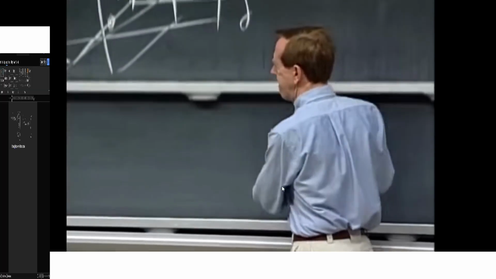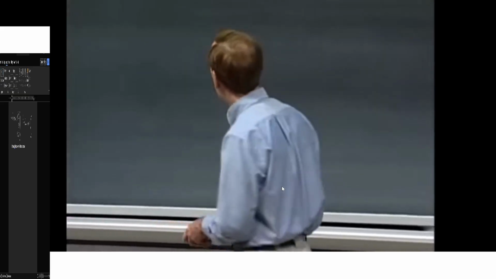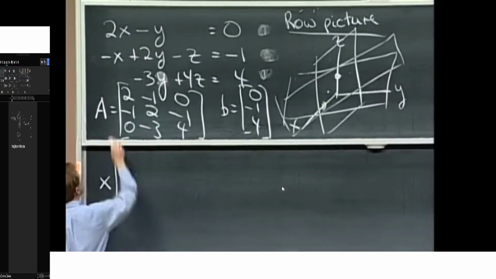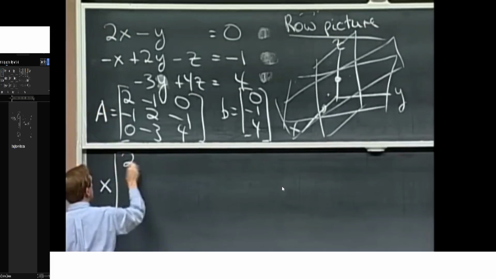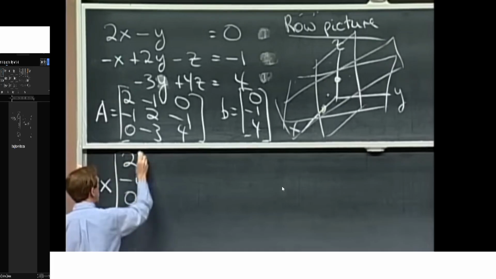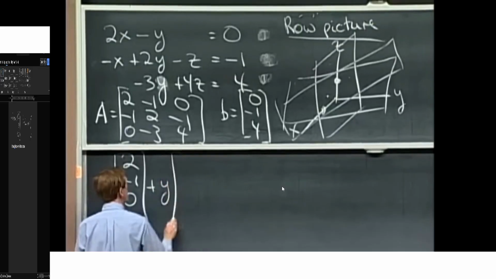Now, you can tell I prefer the column picture. Okay, so let me take the column picture. That's x times, so there were 2 x's in the first equation, minus 1 x's, and no x's in the third. It's just the first column of the matrix. And how many y's are there?